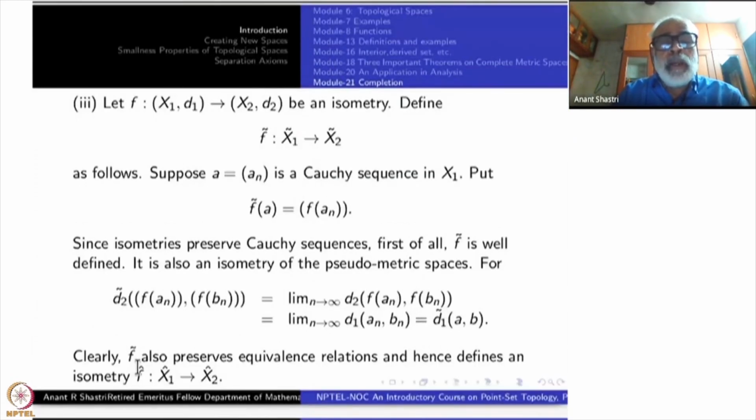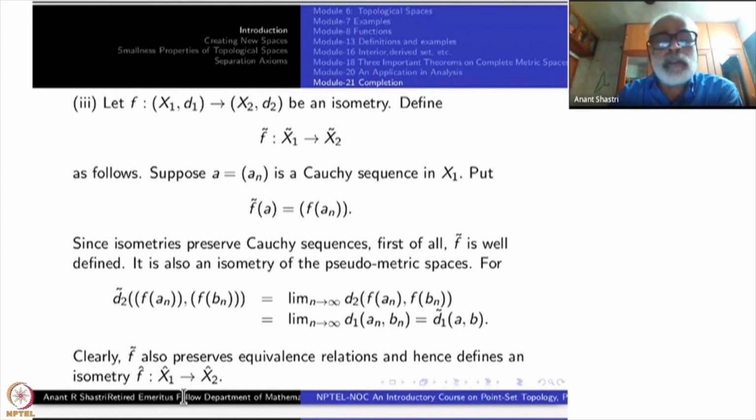Okay. Clearly, F twiddle also preserves equivalence relations and hence defines an isometry F hat from X1 hat to X2 hat. Why does this preserve equivalence? What is equivalence? (An) is equivalent to (Bn) if the limit of the distance between An and Bn is 0, right? Then the distance between F of An and F of Bn will also have limit 0. So everything is preserved. That's what you have to verify. So you get a map from X1 hat to X2 hat.